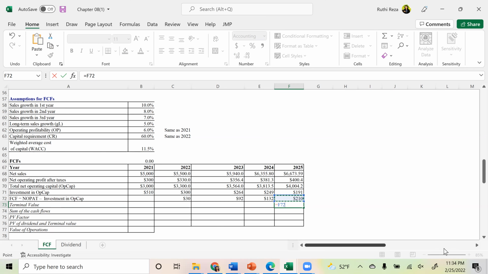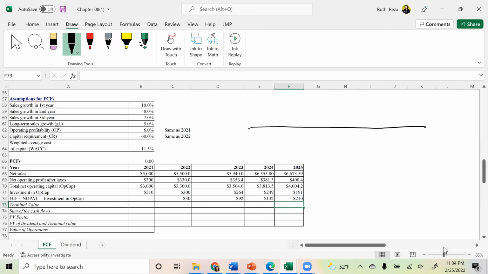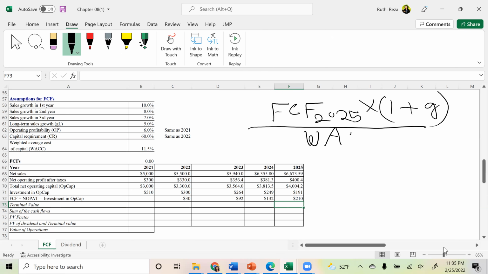So the formula is, remember FCF0, that means FCF in the current time period. In this case, it is 2025. Write down the formula. So it is FCF in 2025 times 1 plus growth rate, and then WACC minus growth rate. And then you are always going to get value 1 year backward.